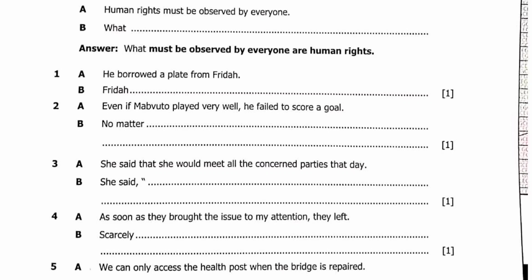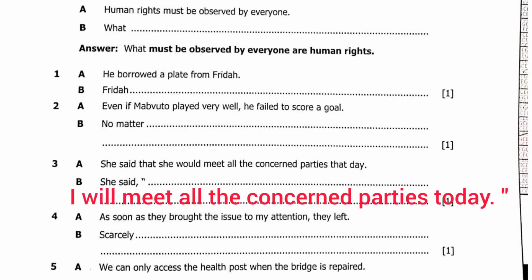So she becomes I. She would becomes I, then would becomes will. I will meet all the concerned parties. That day becomes today. I will meet all the concerned parties today. Then full stop, then close inverted commas.